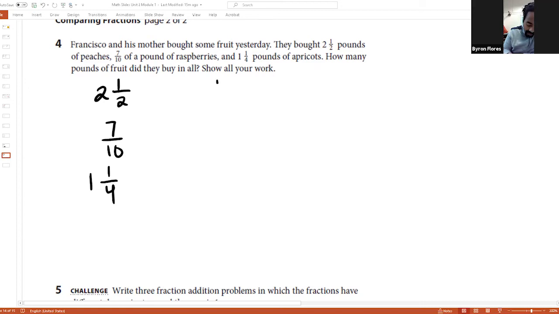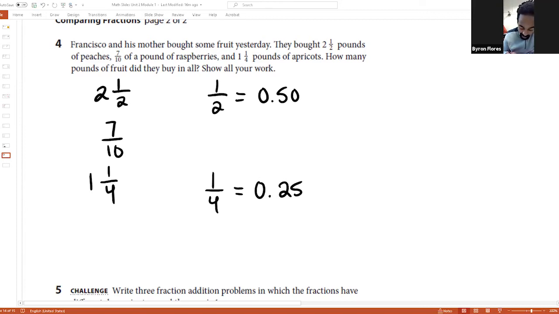So I know that 1/2 is equal to 0.50 from the problem before. I know 1/4 is equal to 0.25. And now I just need to figure out what 7/10 is. I know that 1/10 is equal to 0.10 because it's a dime. So then 7/10 must be equal to 0.70 because I have 7 0.10s.